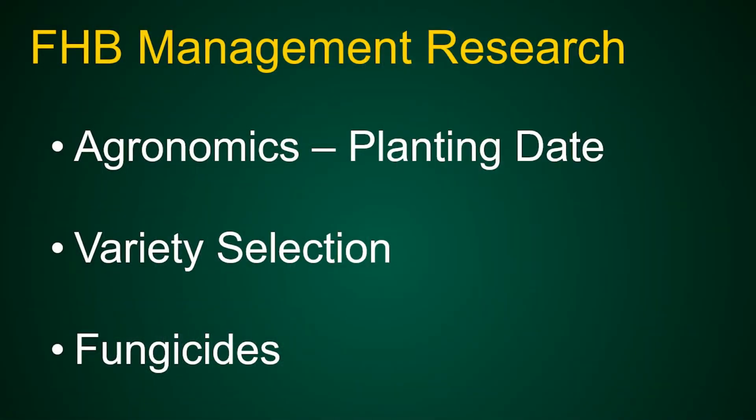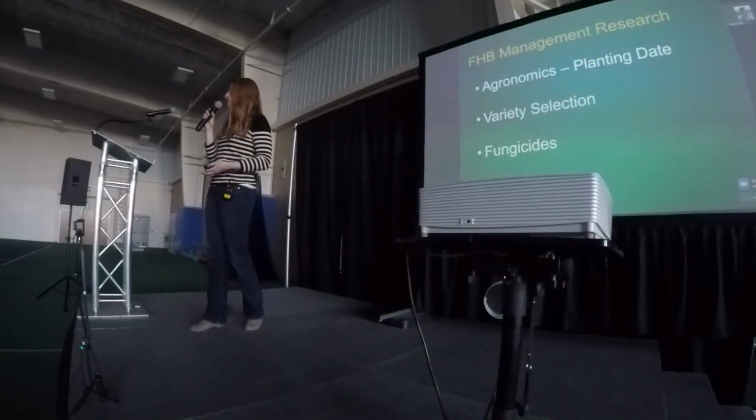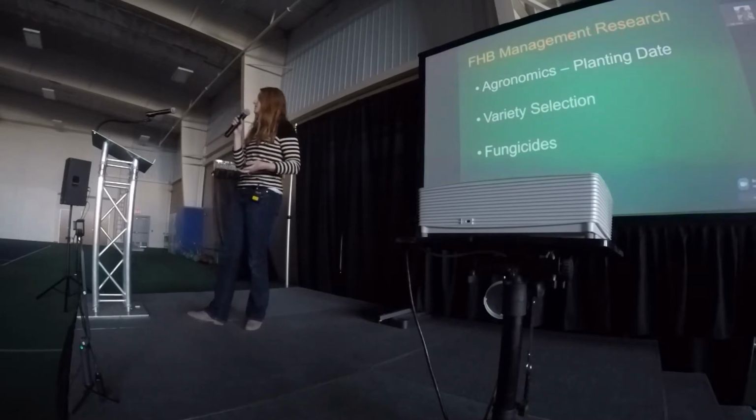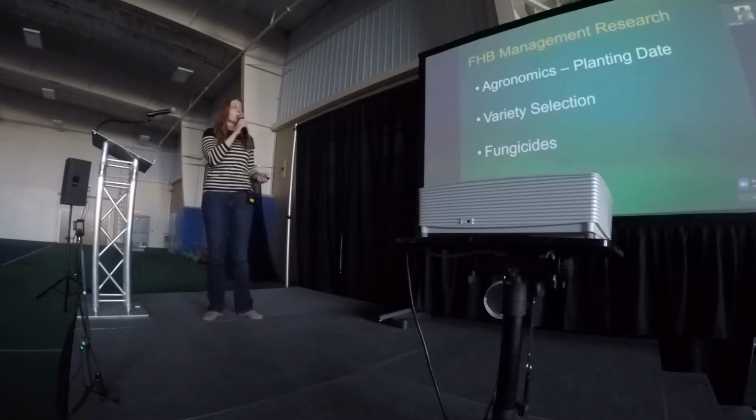All right, so managing this disease, you need an integrated strategy. As you probably learned in 2016, there are times when even fungicides can't really help us out. But there are things that we can do to put ourselves in the best position possible. So there are some agronomic things.